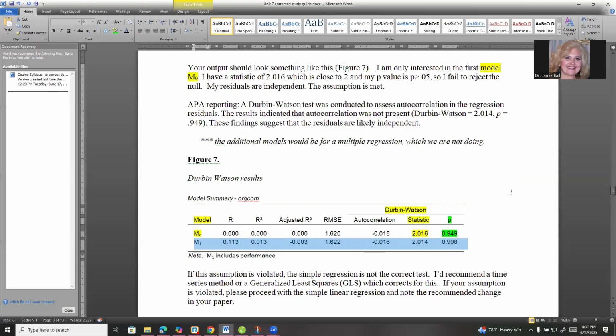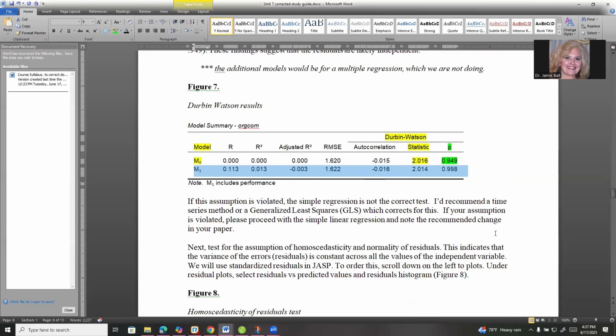Durbin-Watson equals 2.014, comma, P equals 0.949, meaning that the assumption is met. Now, if the assumption was violated, you could transform your data, which I won't do, it's unethical, or you can change test. In this case, I'd use a generalized least squares test.